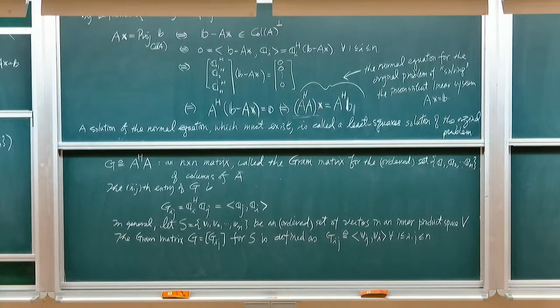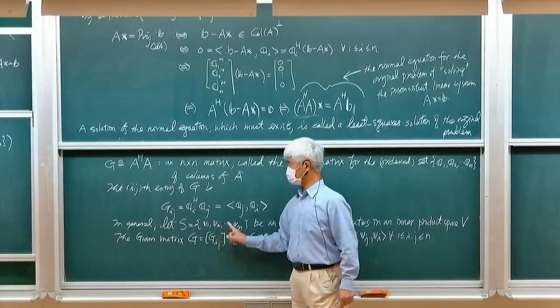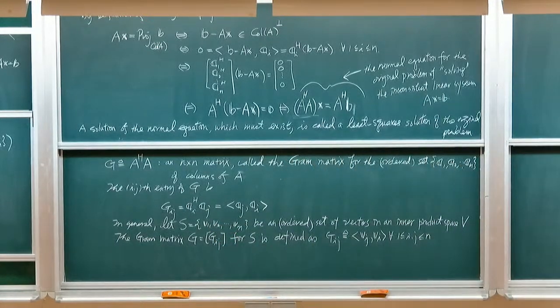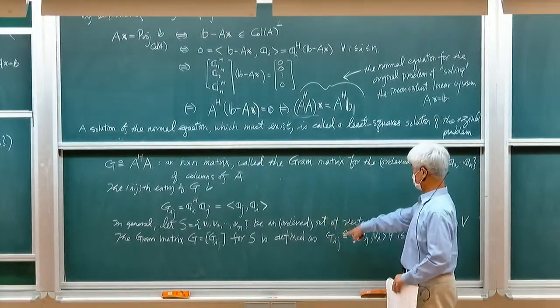It's quite general. For this ordered set, maybe some of the n vectors are the same.